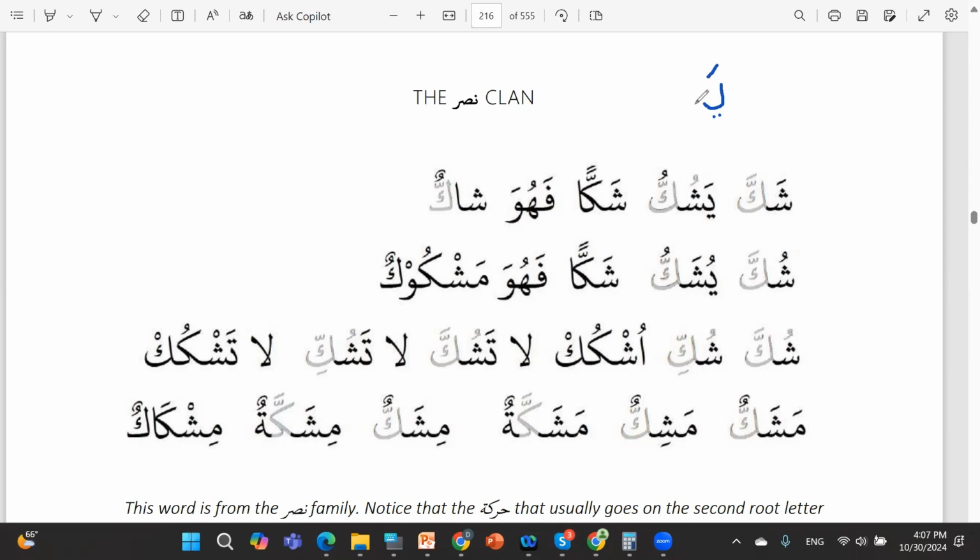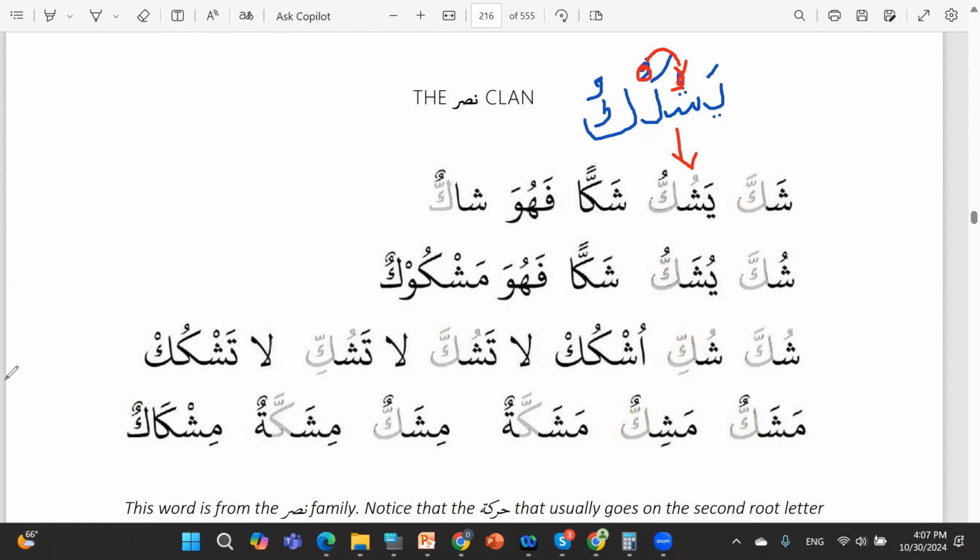So ya, then the first root letter, yash, ku. So the rule says the haraka on second root letter is transferred to first root letter. Okay, so instead of sukun, it becomes dhamma, and this one becomes sukun. So yashukku. So that's how the yashkuku becomes yashukku, because of the transfer of the harakat.